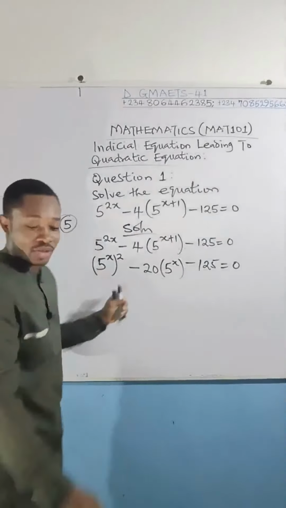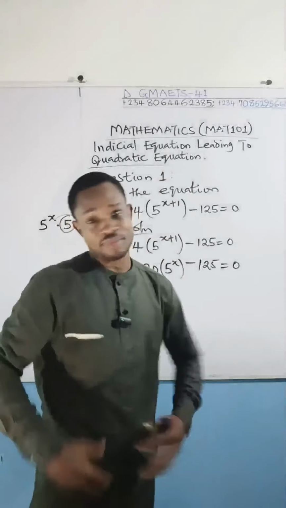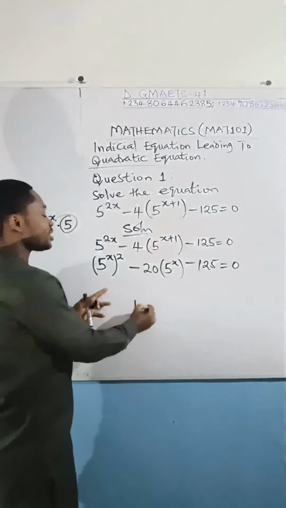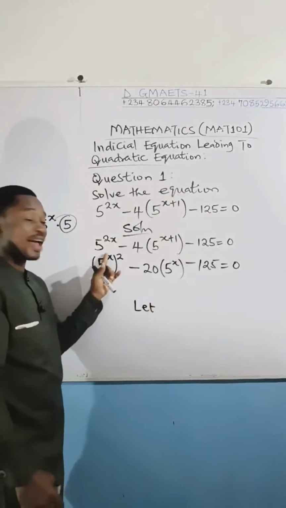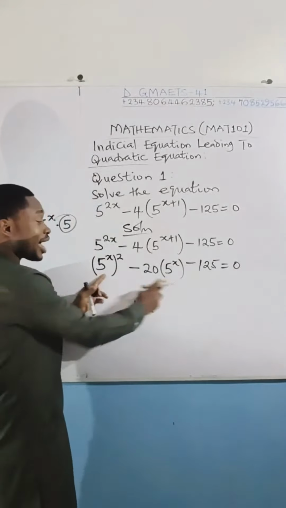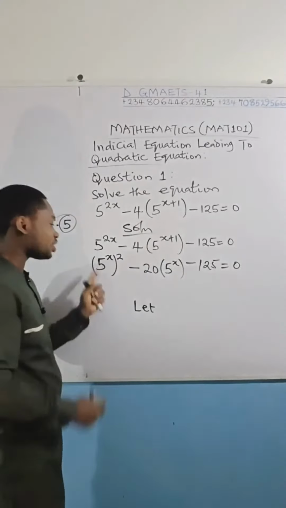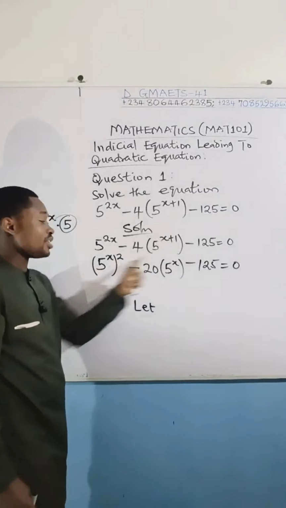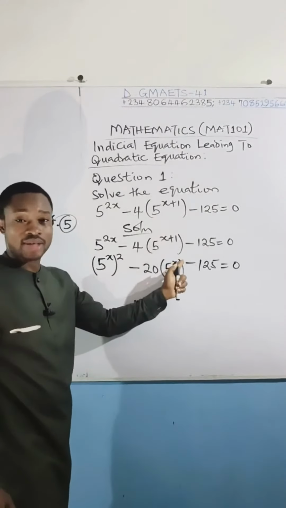It is at this point usually that in textbooks and maybe many other educators may come in and say, let's, you know, since you have 5 raised to power x here and you still have 5 raised to power x here, is a common term. But these two guys are not like terms. They are not like terms because their powers are different. This is power 2. This is power 1.